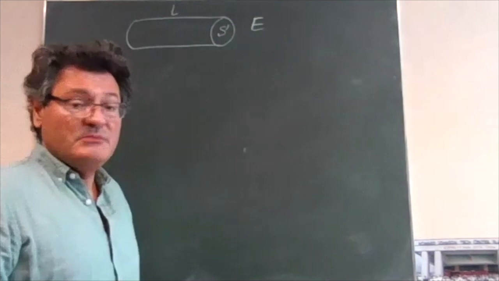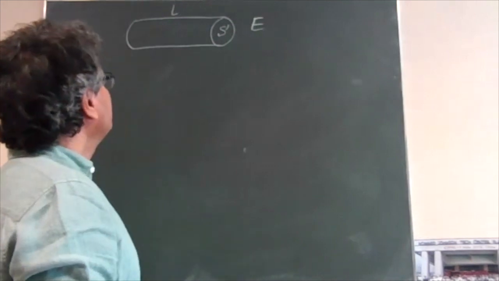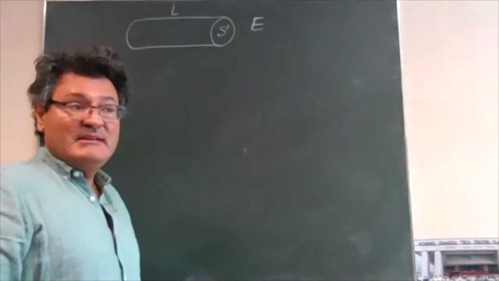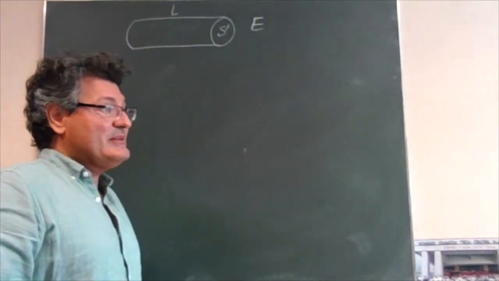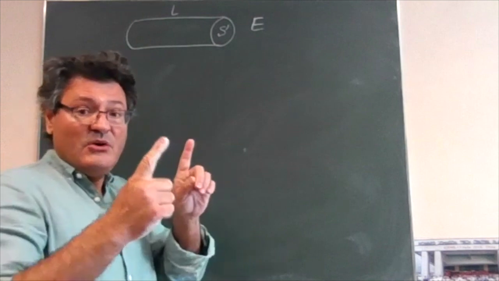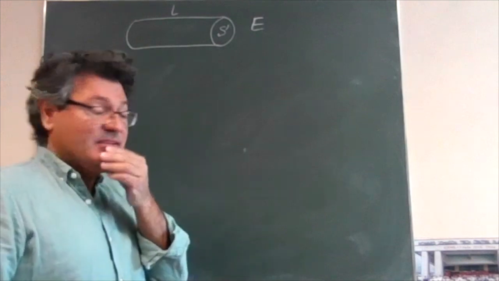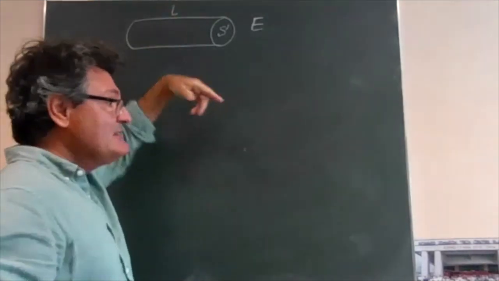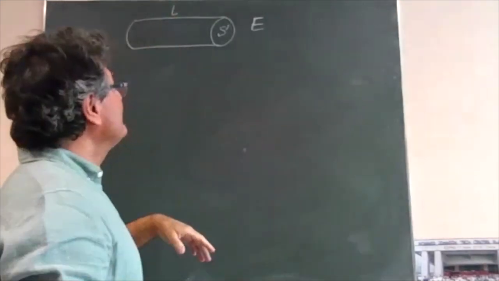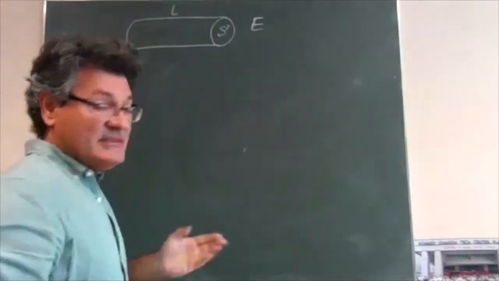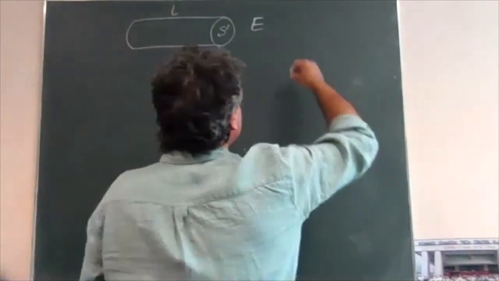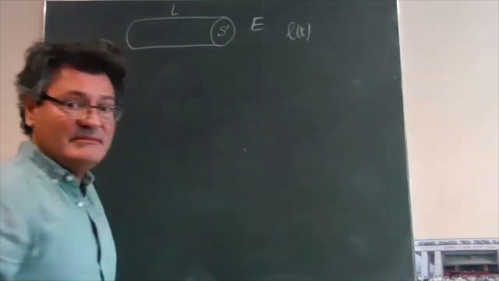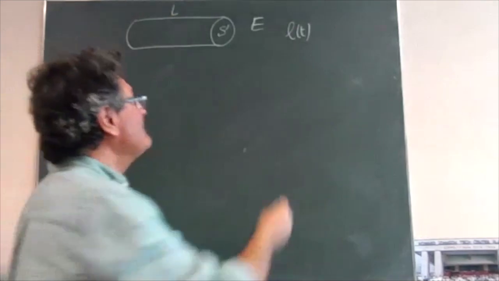The observable we choose as observable is actually the length of the cylinder. So the length of the cylinder is not a constant due to the fact that there is thermal noise. So the length of the cylinder is a function of time.